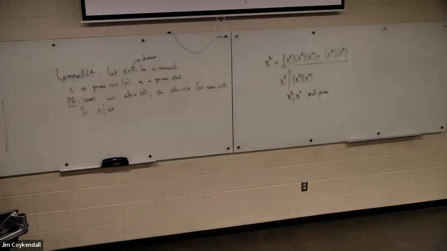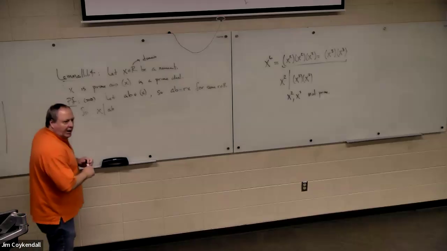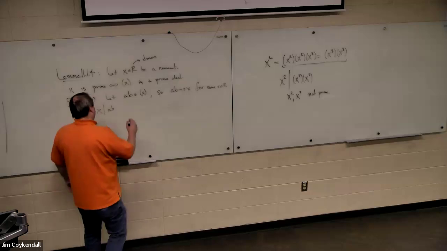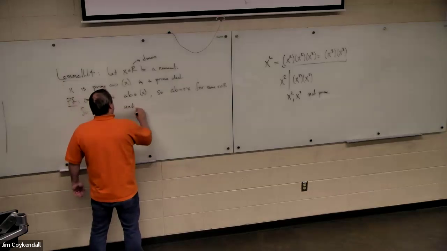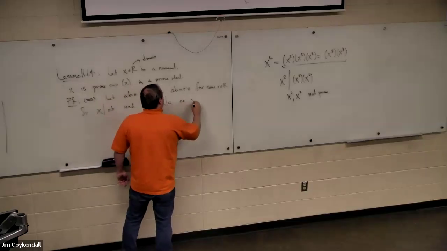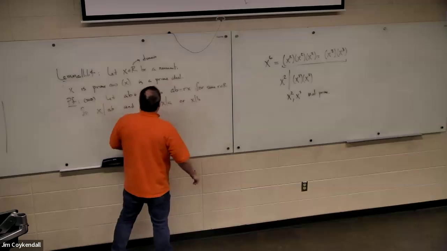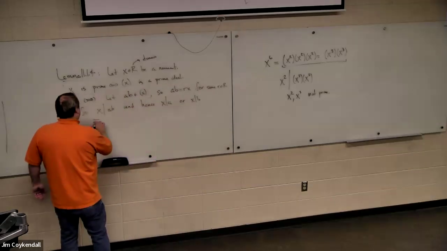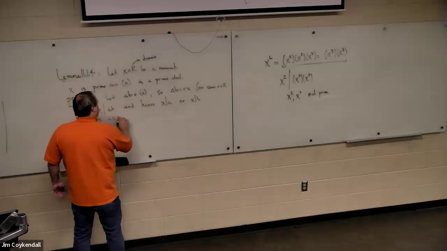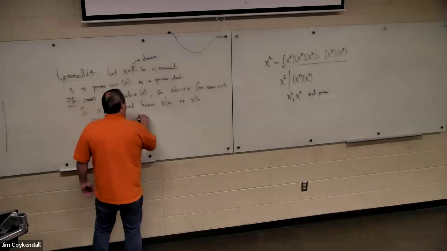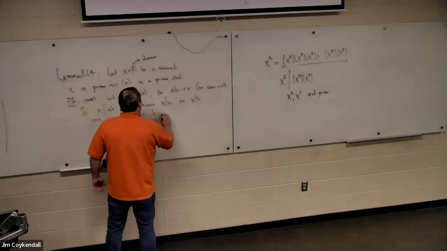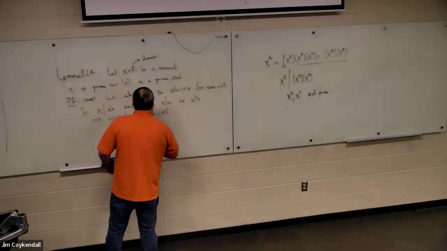By its beautiful primeness, X divides A or X divides B. This is an equivalent statement: A equals X times A prime, or B equals X times B prime.